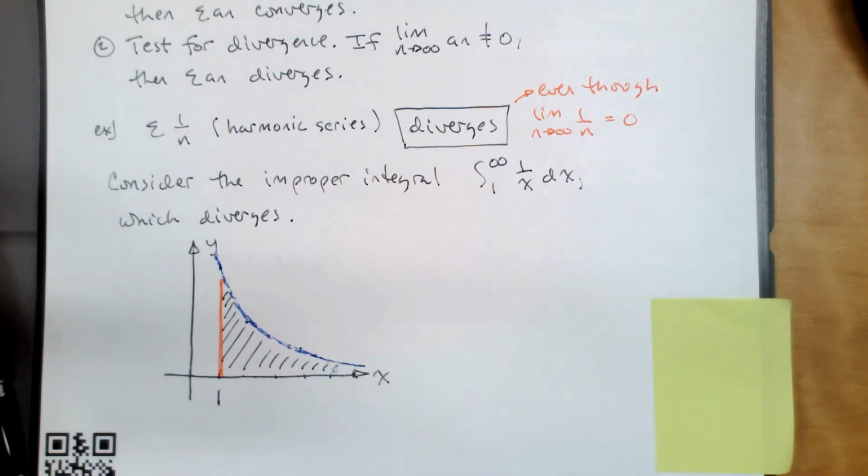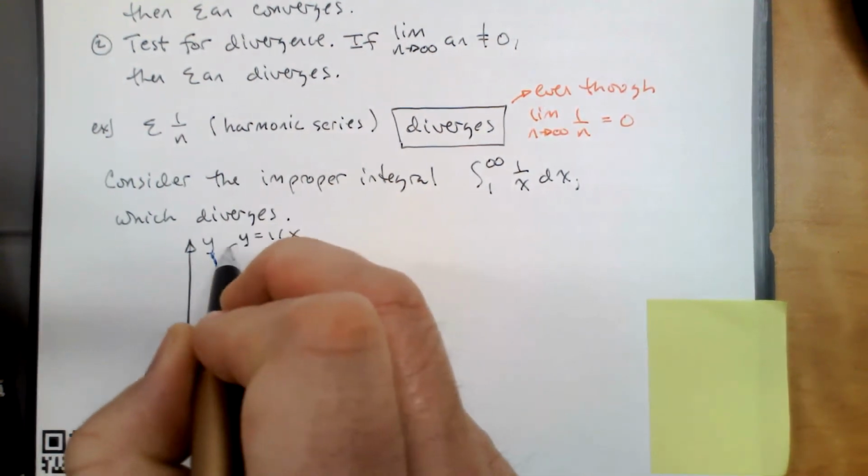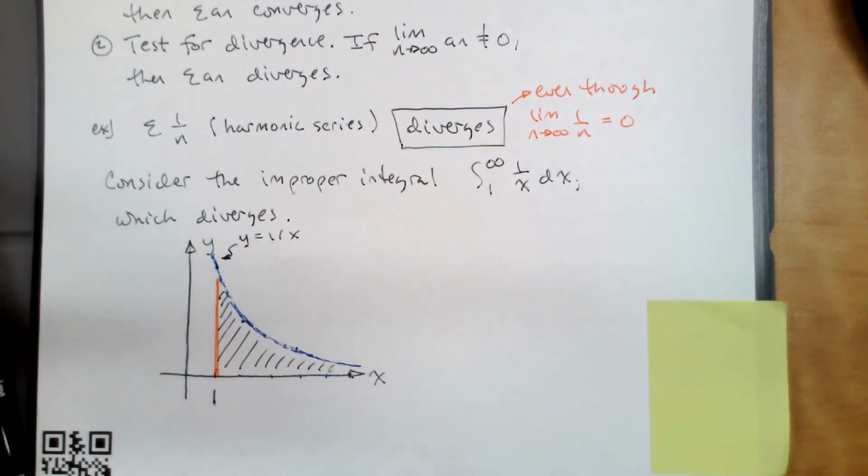To think about the area that this improper integral represents, we have the area under the curve 1 over x starting at 1 and going to infinity. Since the improper integral goes to infinity, we can read that as the area going to infinity.